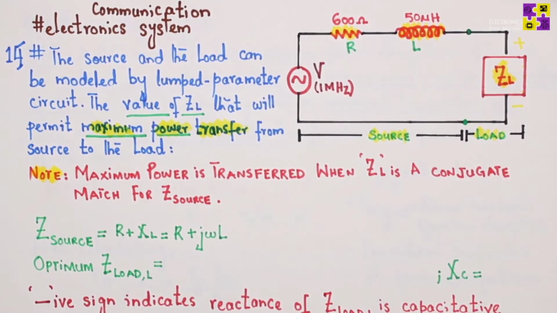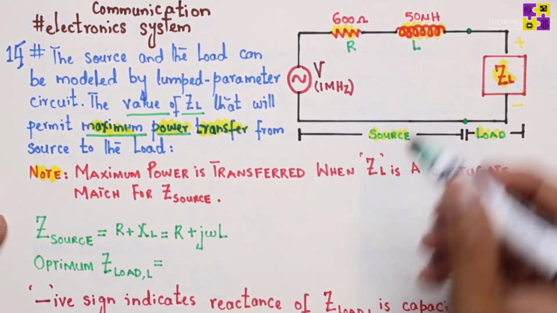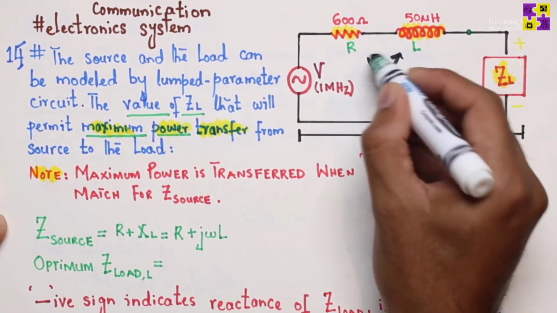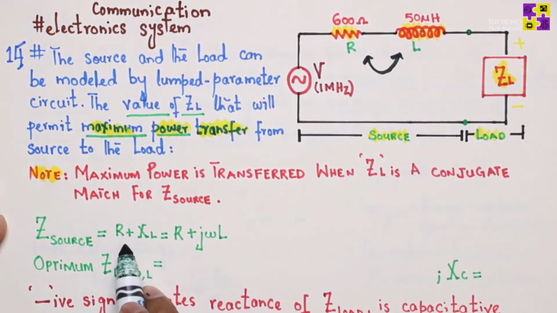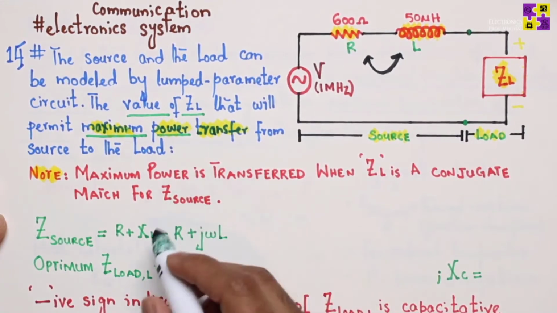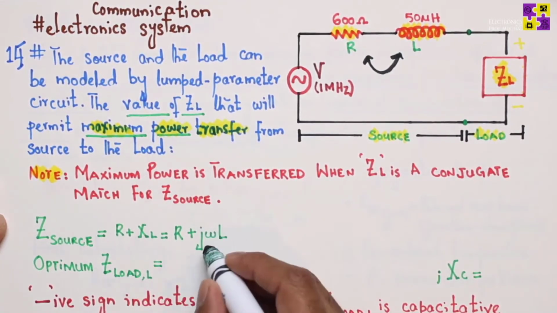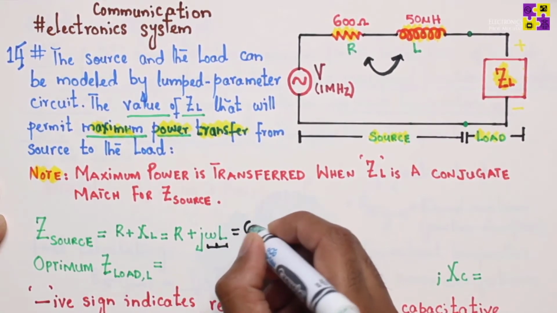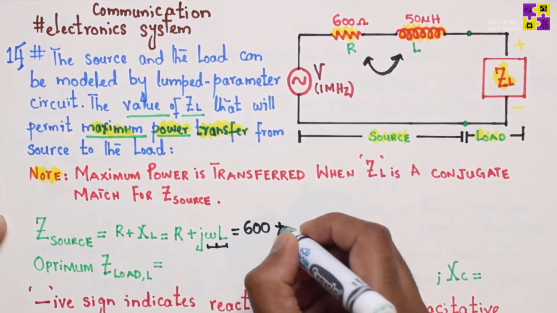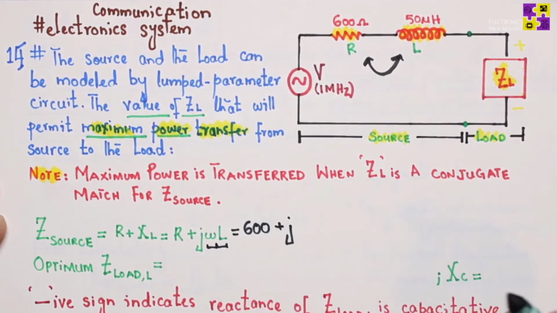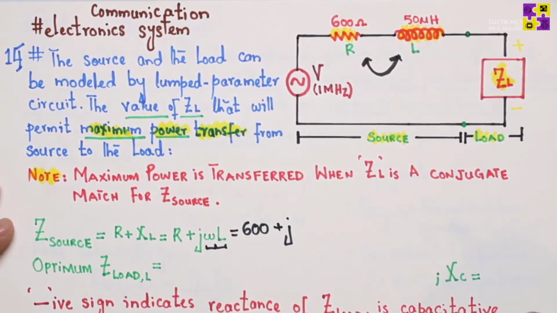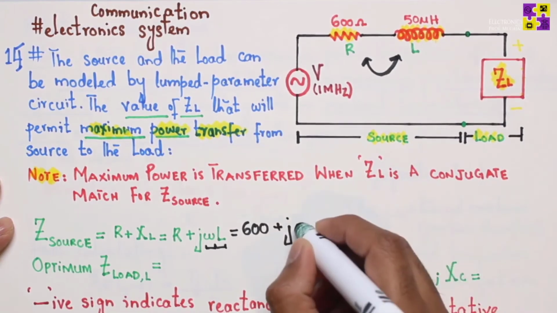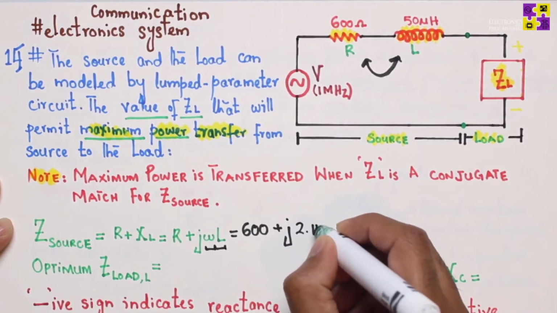So the first thing we are going to do is find the impedance for the source, which is simply, since the two are in series, we just add them, R plus XL, and XL can further be expanded and written as j omega L. So if I plug in the values, R being 600, right, plus j omega, which is simply 2 pi f.